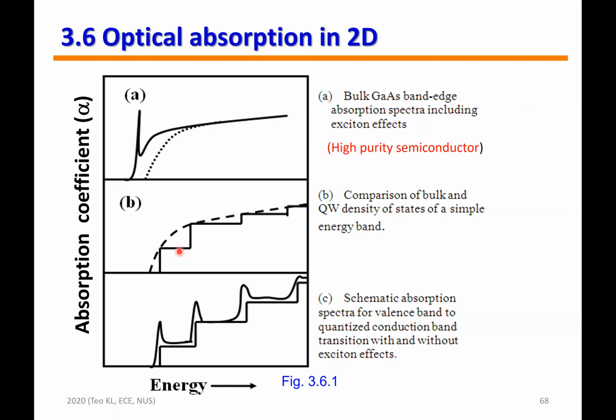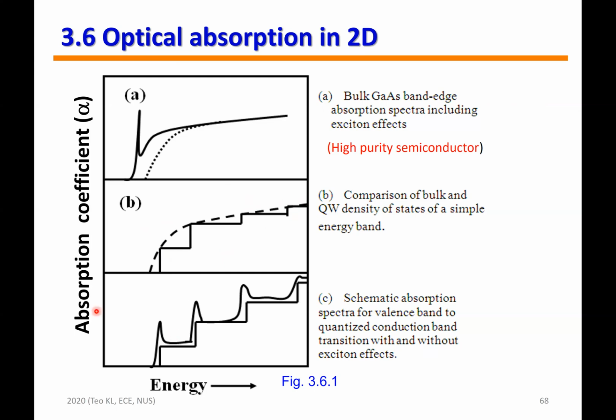For the density of states, in the three-dimensional case, the density of states goes like a square root dependence again. The density of states in the two-dimensional case will be like a step function. So this is the case for the absorption coefficient, especially when there's no exciton effect.